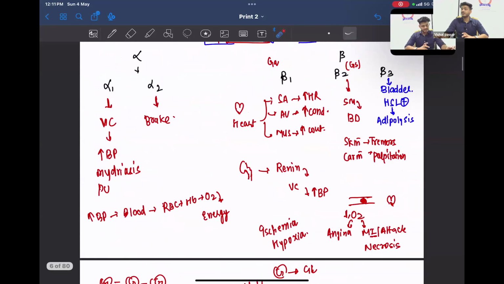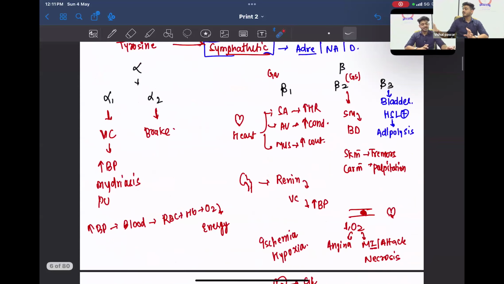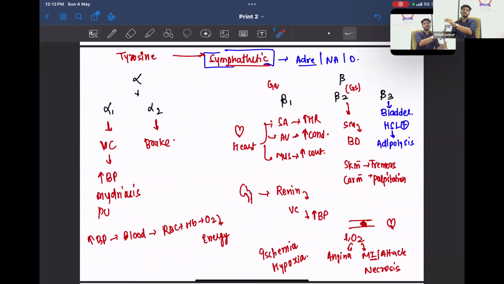Parasympathetic, we have done. What are the receptors? Muscarinic, nicotinic. Sympathetic nervous system, what are the receptors? Alpha, beta. Alpha will be alpha 1, alpha 2. Beta will be beta 1, 2, 3 with functions. Alpha 1 will be doing what? Alpha 2, pray. Beta 1 at how many places? Heart and kidney.